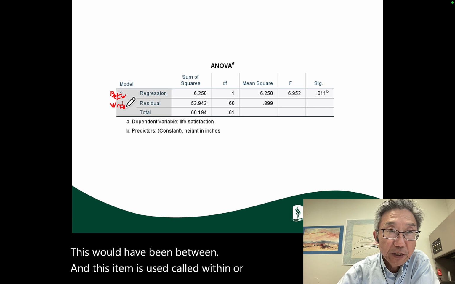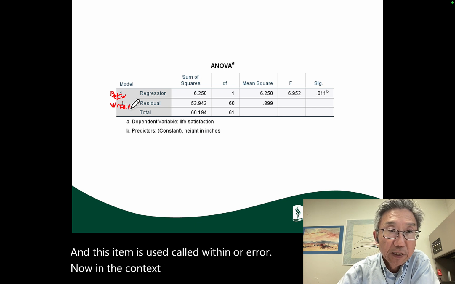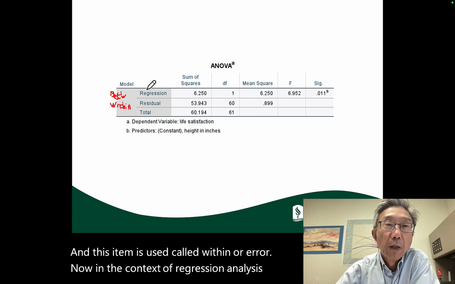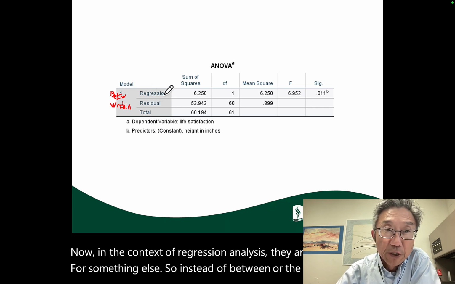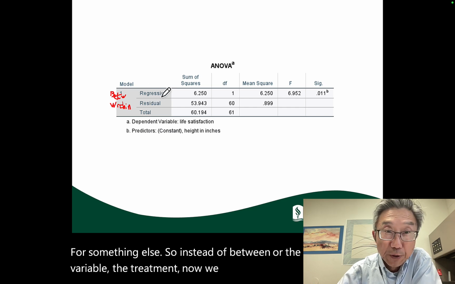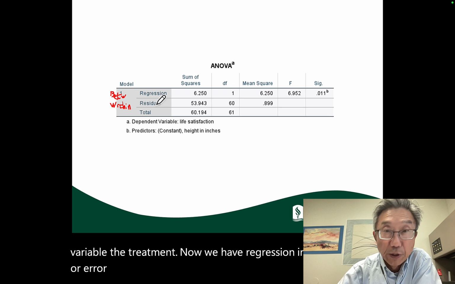Now, in the context of regression analysis, they are being called for something else. So instead of between or the independent variable, the treatment, now we have regression. Instead of a within or error, we have residual.